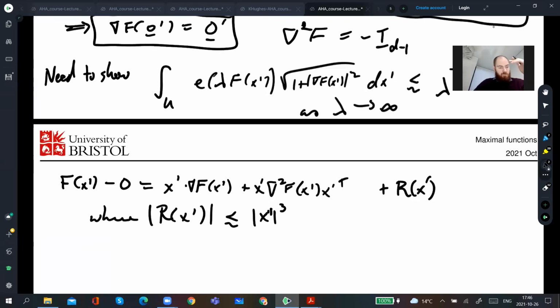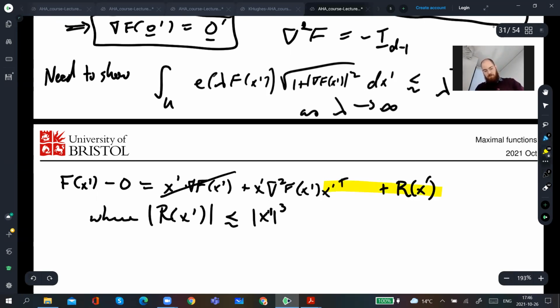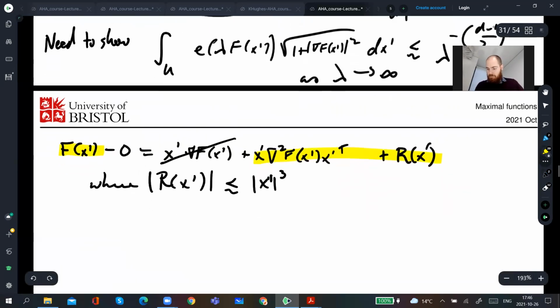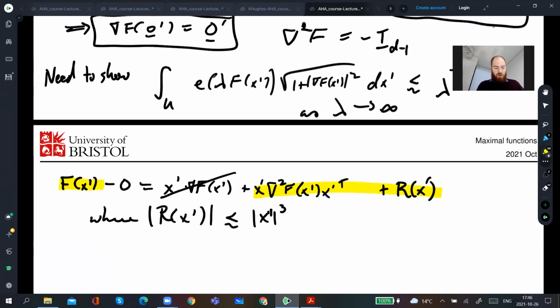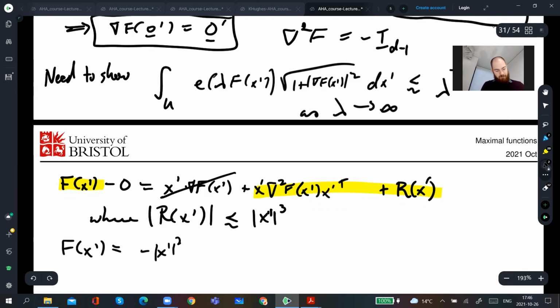Great. And before we said that this is 0 near x, so really it's just this part. And of course I can ignore the 0. Now the question becomes, since the Hessian is just the identity, we have f of x prime equal to minus x prime squared plus r of x prime.